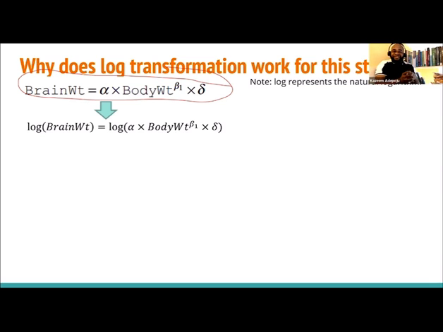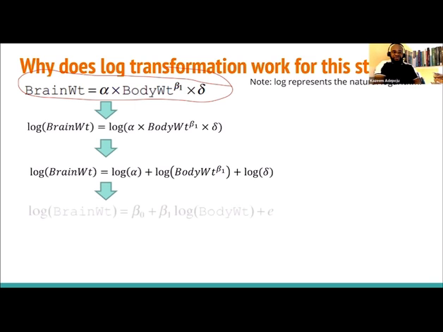The relationship is multiplicative, and when you have a multiplicative relationship, you take the log of both sides. It's going to be log of alpha plus the log of that plus the log of that. Take a look at what we have now.